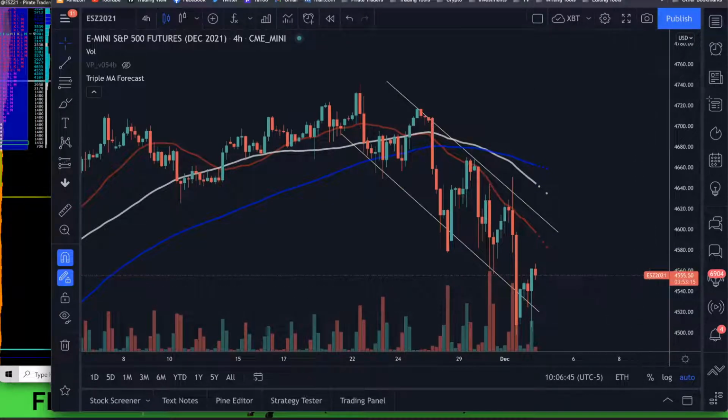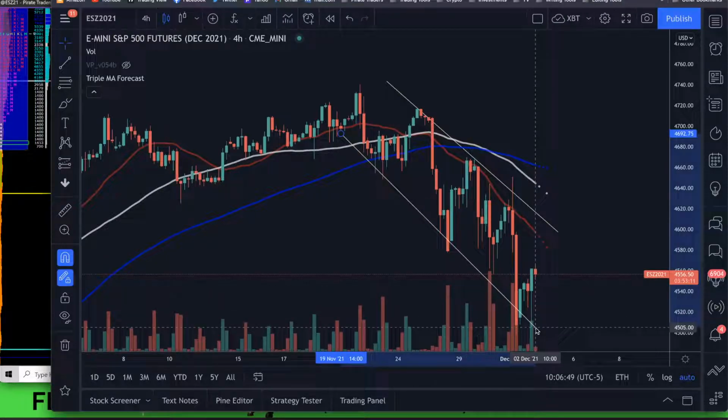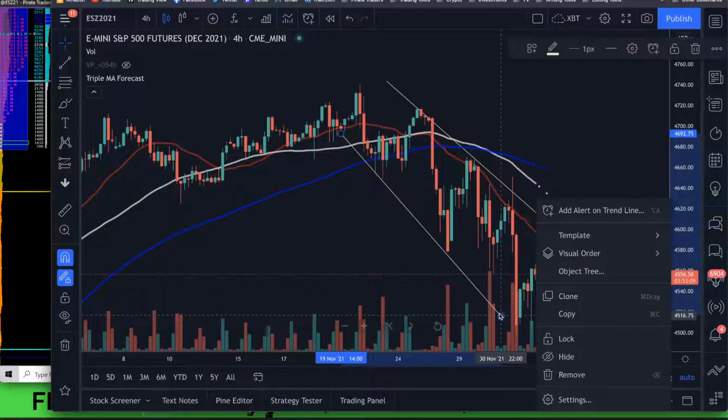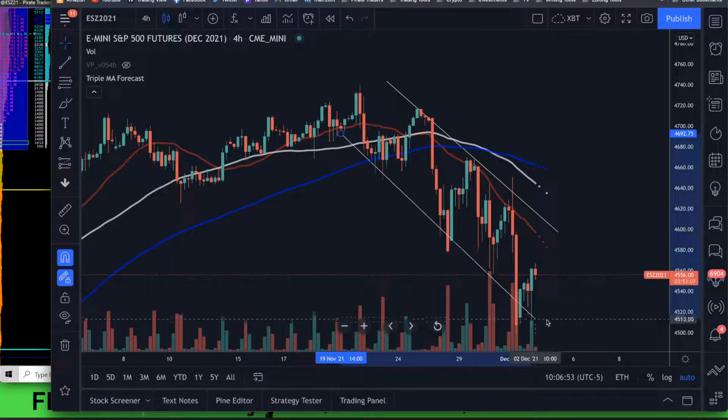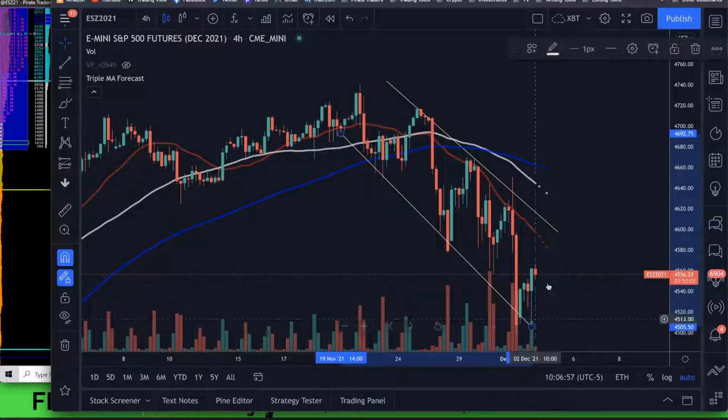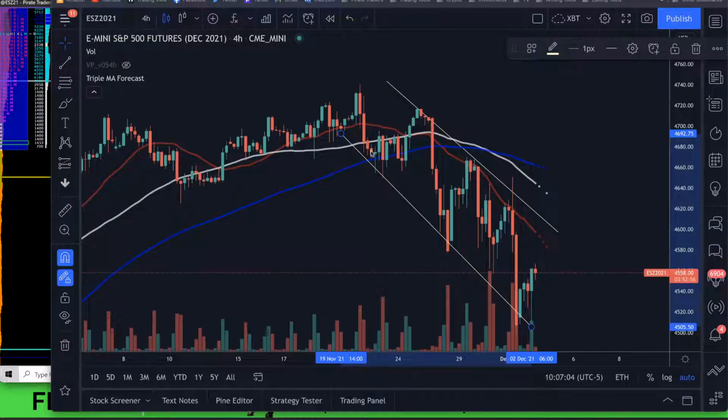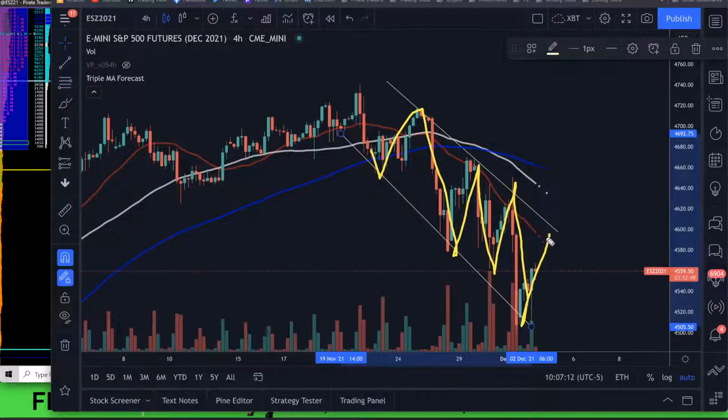And so the odds would favor, I kind of need to redraw it now, like that. So the odds would favor that when you bounce off of one end, you head to the other, bounce off the other end, head to the other. Didn't quite make it there, but head to the other, bounce off the other end. That would be the target to the upside.